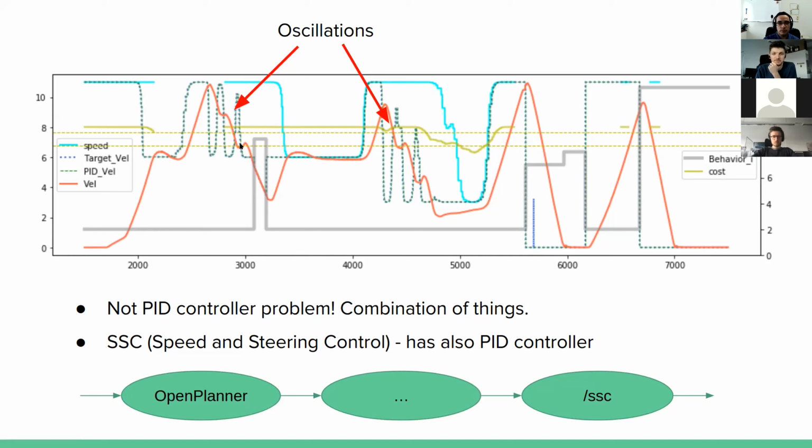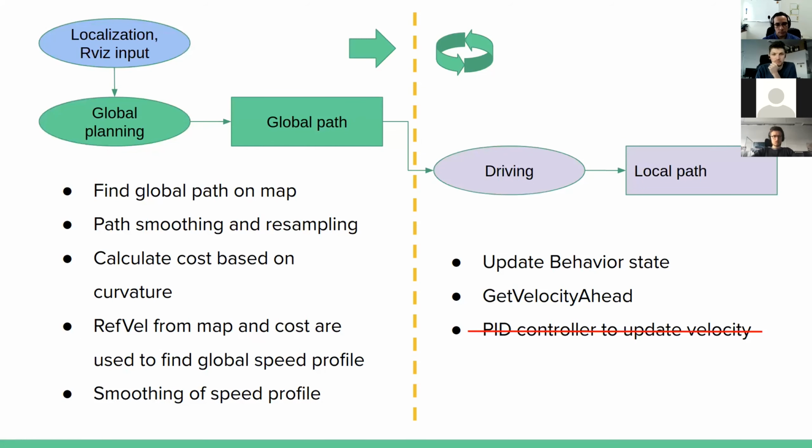And of course, there were some other issues also during that time. But the main thing to look at here is this red graph, the final velocity that the car was actually driving. And you can see these oscillations happening here. So we eliminated the PID controller because we already had it.